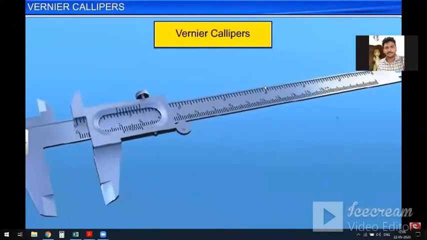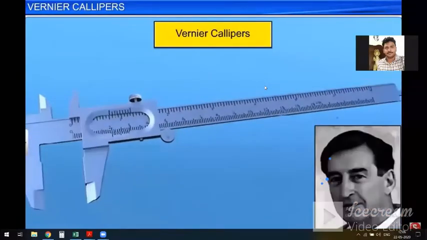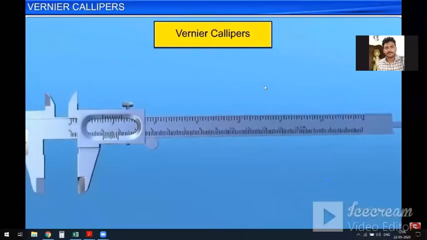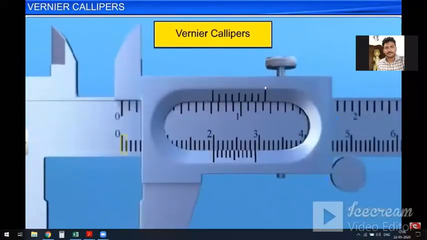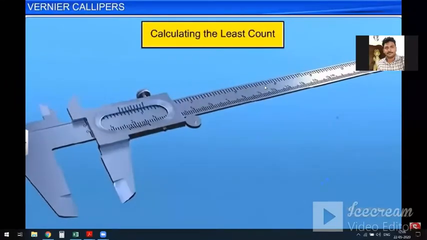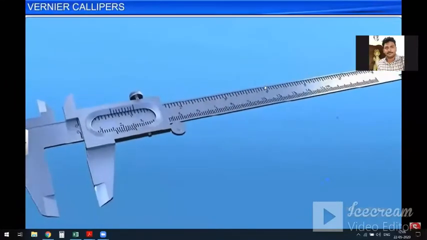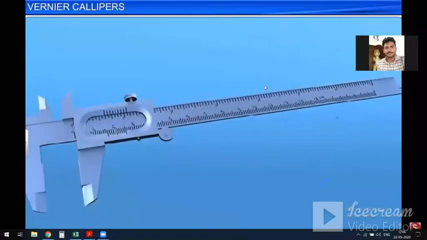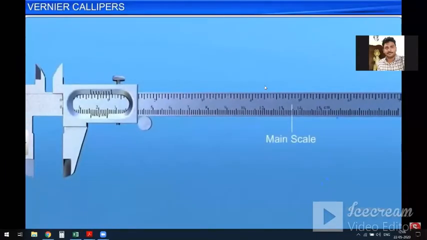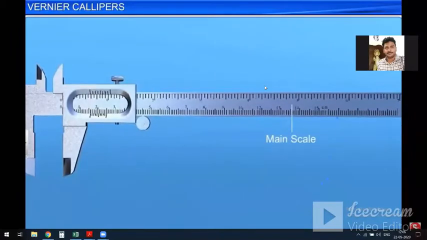The vernier calipers was invented by Pierre Vernier in the year 1960. It can measure length less than 1 millimeter. Let us calculate the least count of a vernier calipers. A vernier calipers consists of two scales. One is called the main scale or ordinary scale, which is fixed.